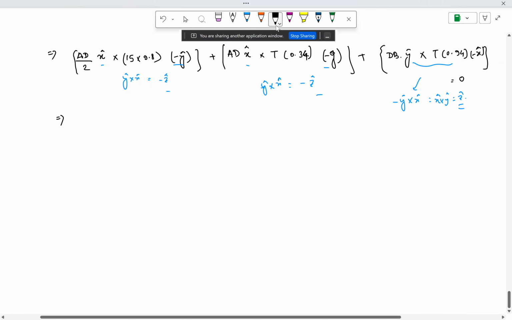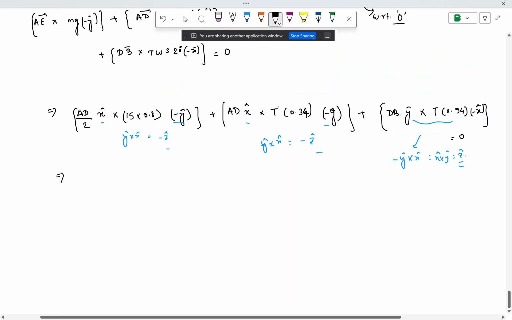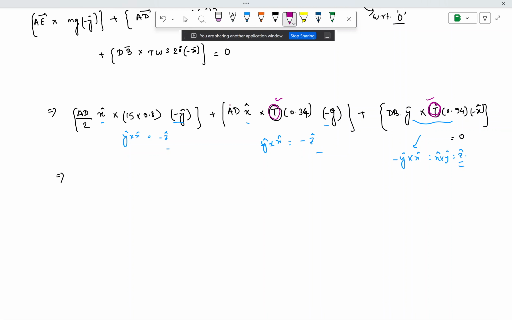Now you have to know what these terms AD and DB are, and the only otherwise unknown constant is T, which is the tension in the rope that you are asked to solve for in the question. To calculate that, we have to also put down the values of AD and DB.